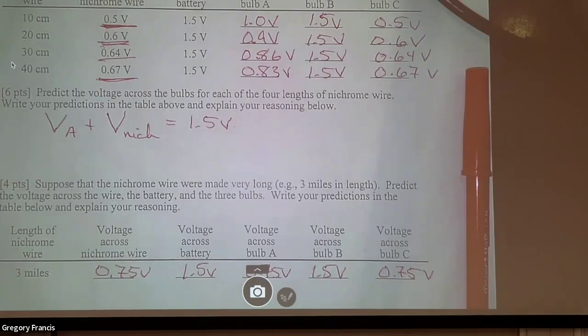Since this is 1/3 of the total resistance, and this is 2/3 of the total resistance, and they're in series, this is going to get 1/3 of the 12 volts, or 4 volts, and this is going to get 2/3 of the 12 volts. You know what? That looks mysterious. Let's make this 24 volts.